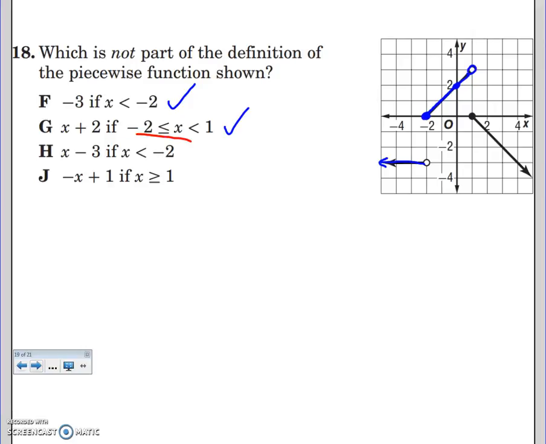So that's our answer, H. But I will check the last one just in case. It's negative x plus 1 for x greater than or equal to 1. So that would be an intercept of positive 1 and slope of negative 1. So down 1 over 1, down 1 over 1, so that's good. So this one's H. Just know how to find the equation of each line, and then for what part is it true.